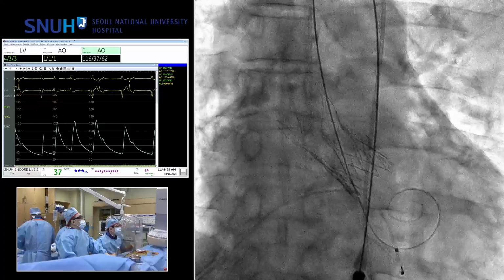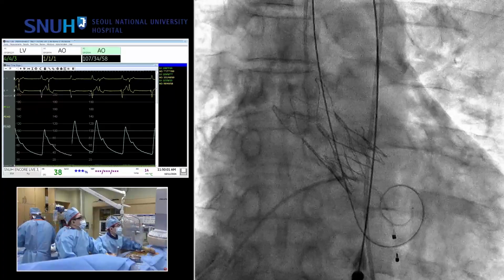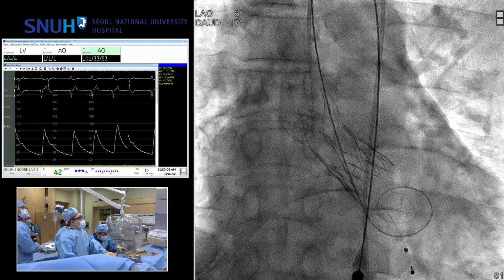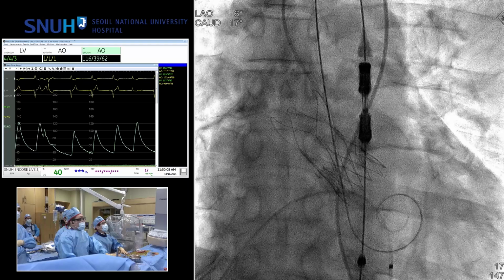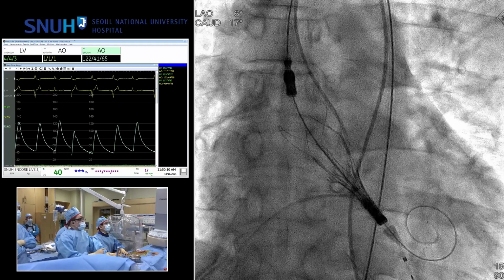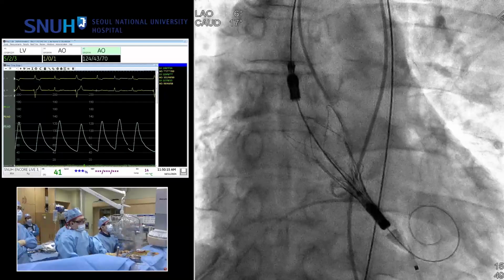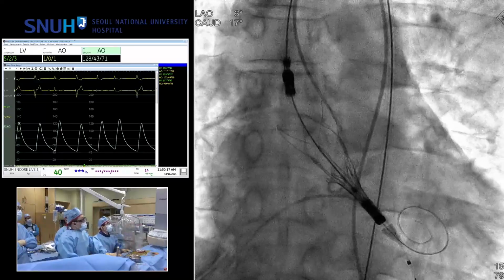If you insist that we have to monitor more. And could you show us the extreme RAO view? This is a 2-1 block. This is a 3-2-1 block.